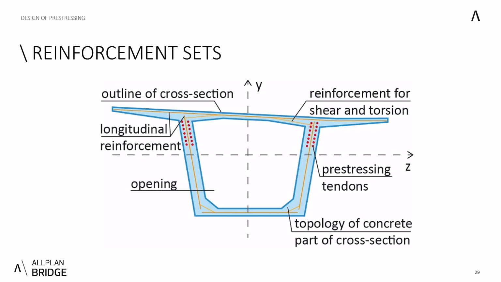The line represents the cross-sectional area of bars of one reinforcement layer distributed uniformly along the length of the line. There are three types of reinforcement sets in Allplan Bridge, which represent longitudinal reinforcement and stirrups resisting shear and torsion.